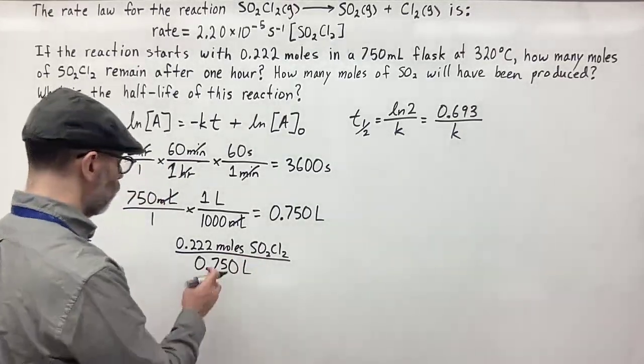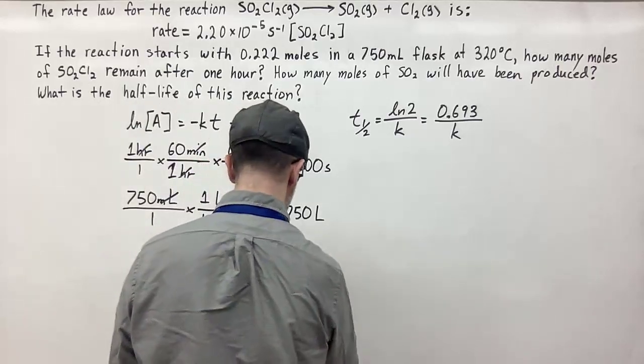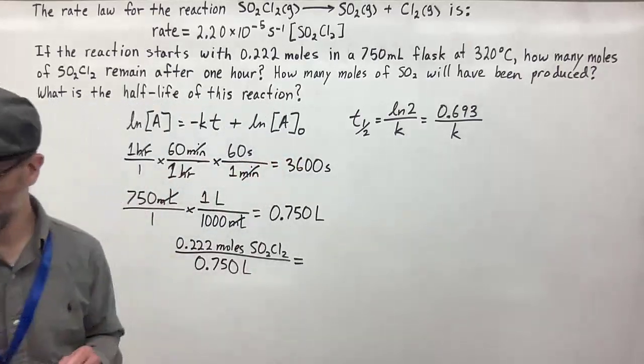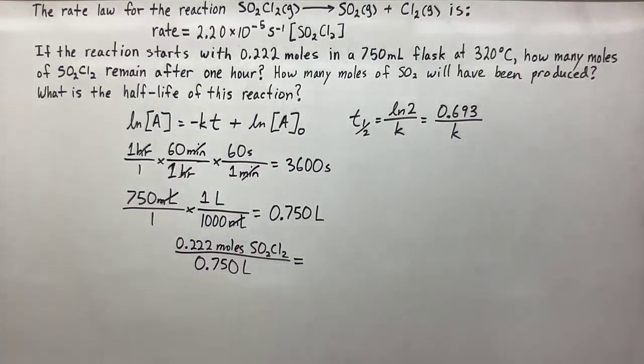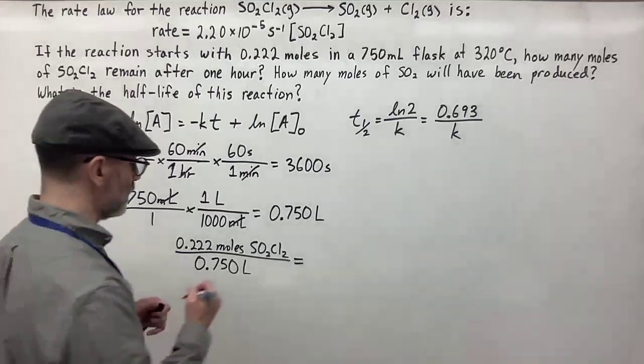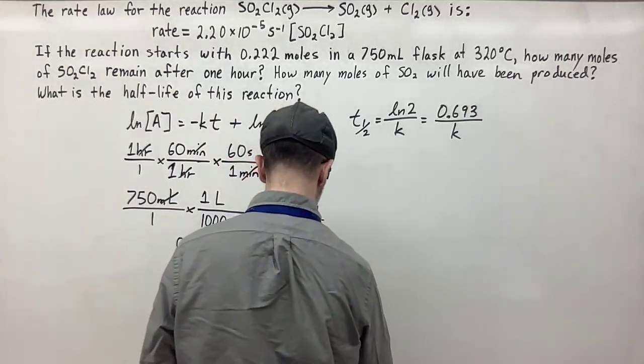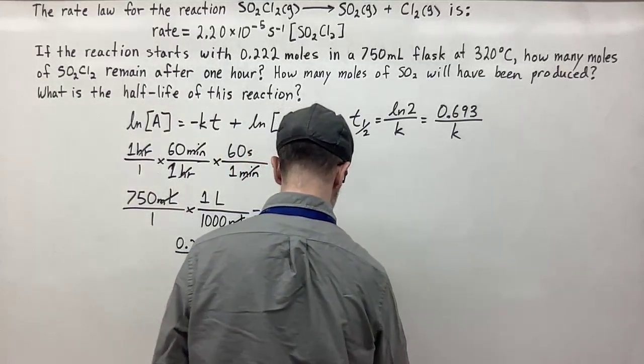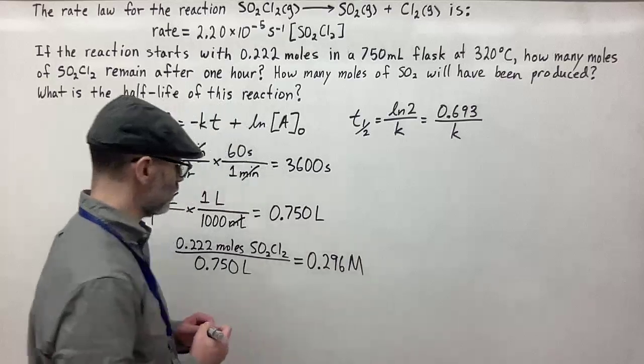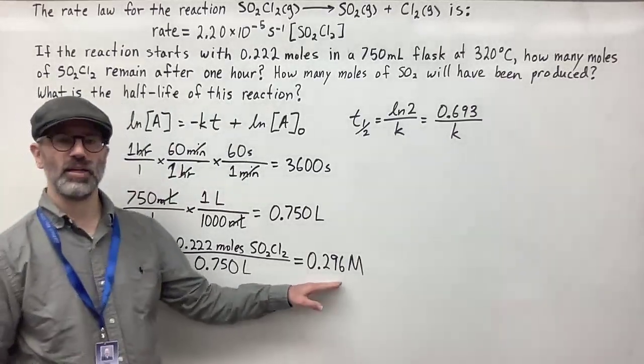Now we do the calculation. When we divide that, we get 0.296 molar. So that's our initial concentration of SO2Cl2.